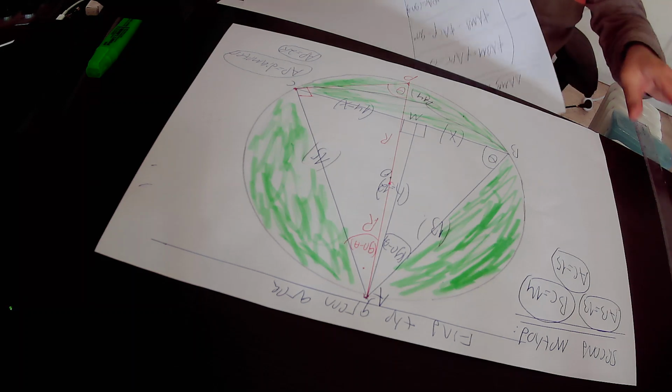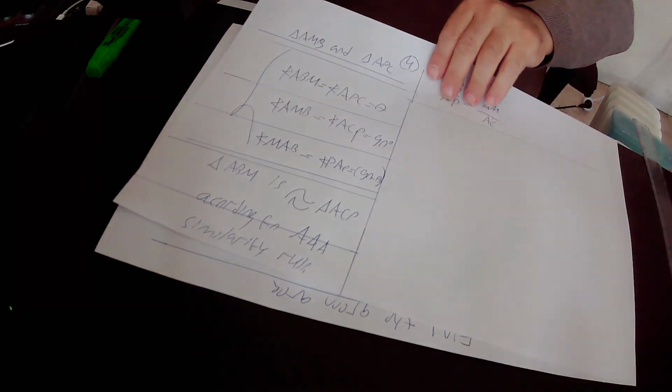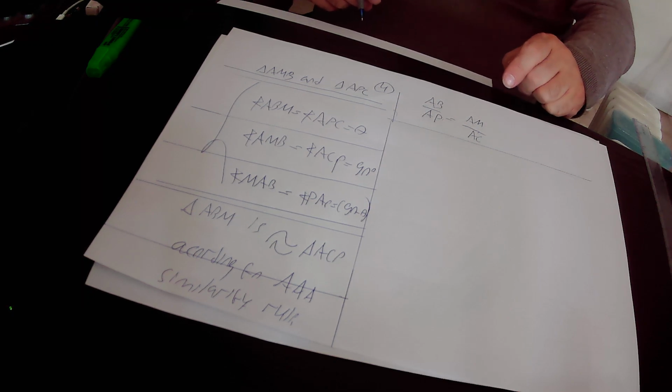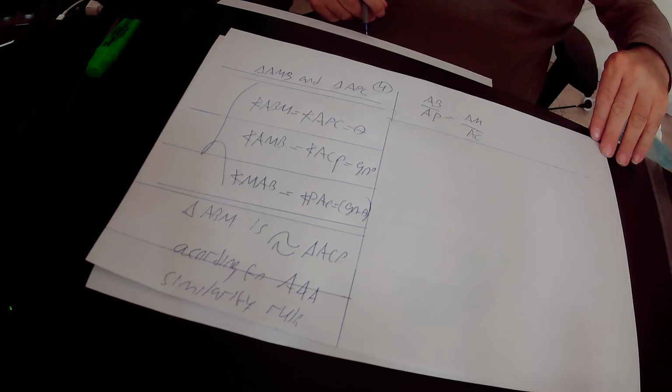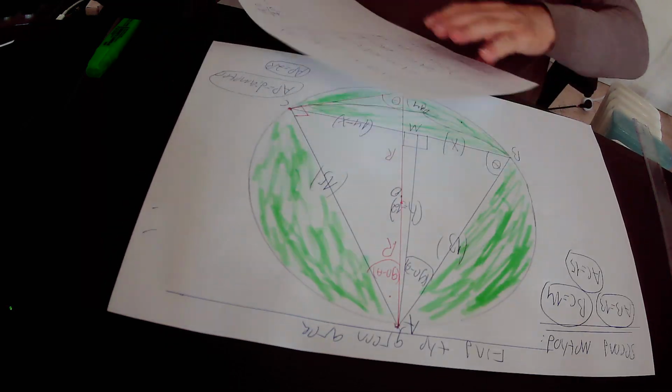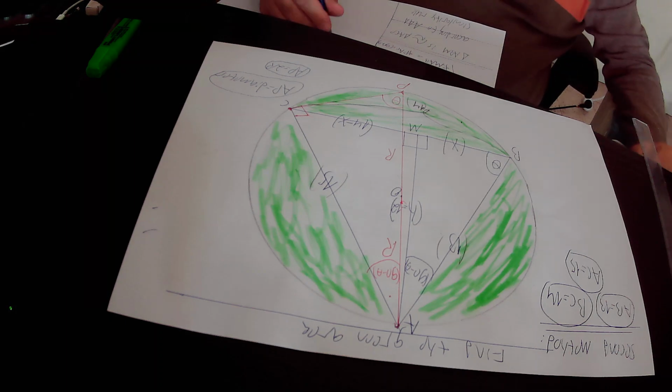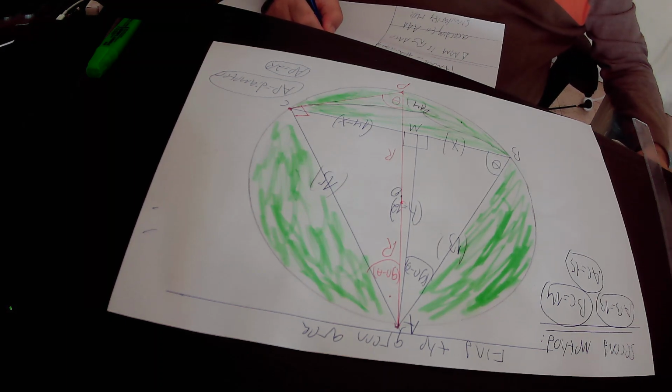Repeat again, we derive that AB over AP equals AM over AC. AB is equal to 13 units in length, over AP.